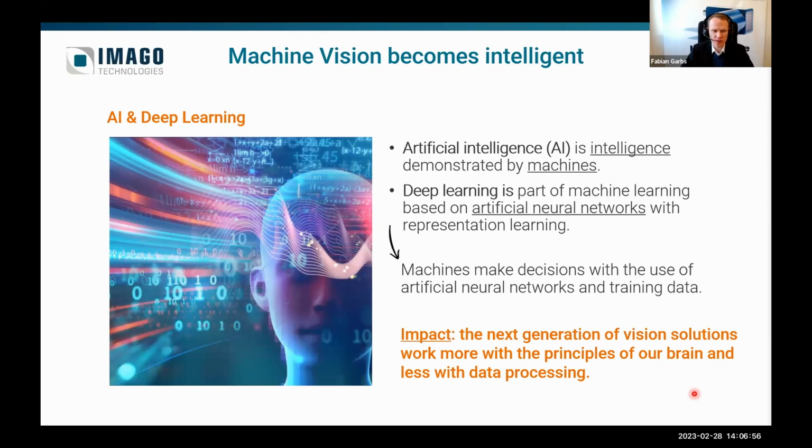What we also have to explain is deep learning. So what is deep learning? Deep learning, you often also hear in the same sentence with AI. This is a part of machine learning, actually a special part, where we use artificial neural networks with representation learning. So that means we take the human brain and try to bring it into the machine.